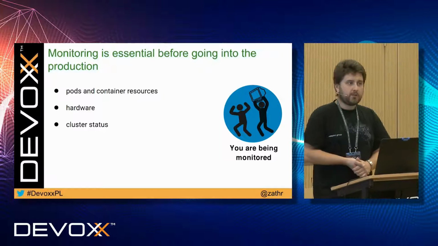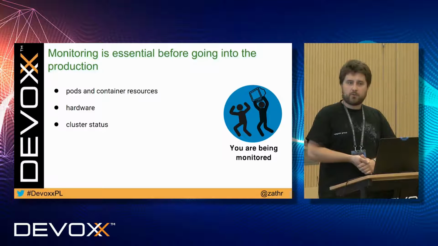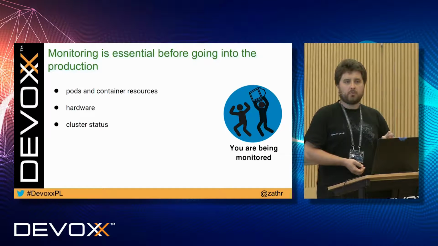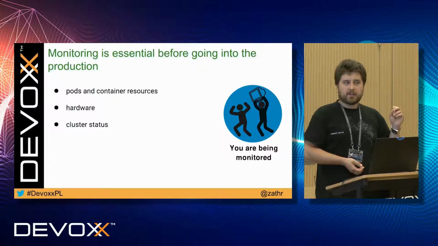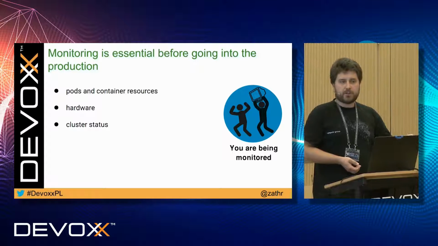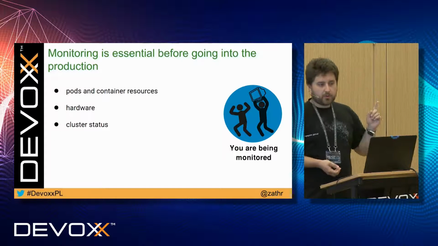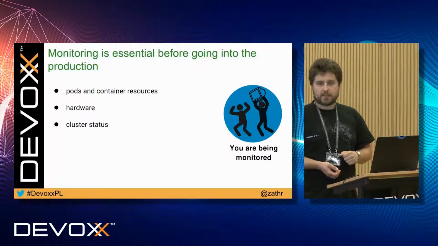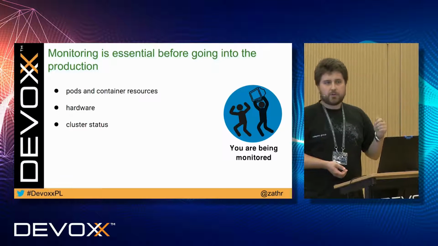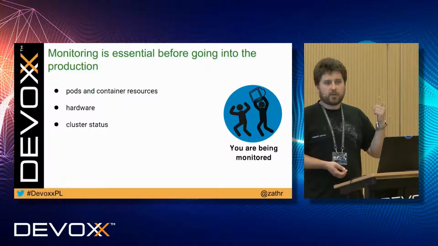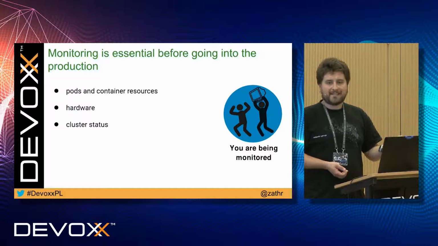You should also monitor your hardware. Don't be fooled if you run your workloads in the cloud. Still, a virtual machine can drop out and you won't even know it. And you should also monitor your cluster status. You should check whether your cluster is healthy, and you should check whether it is balanced.